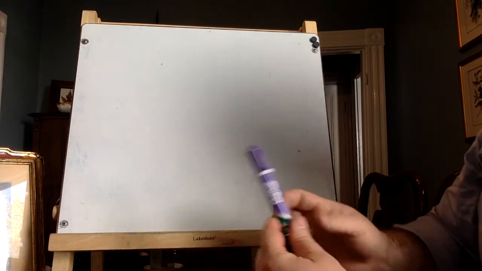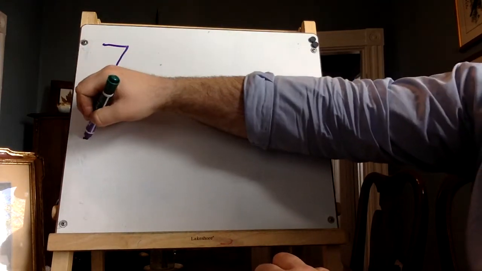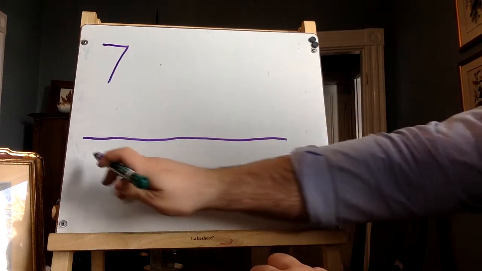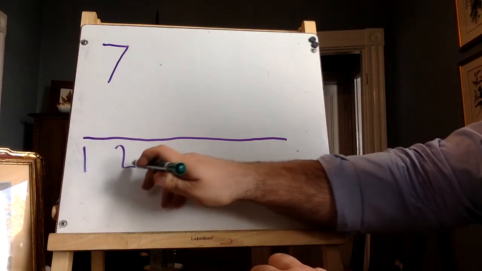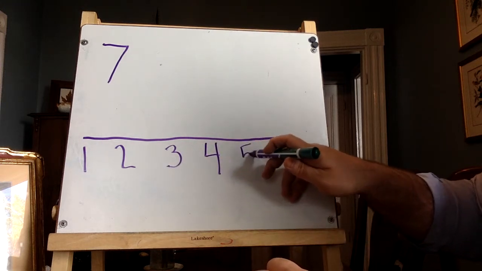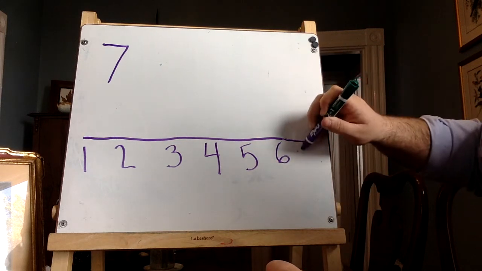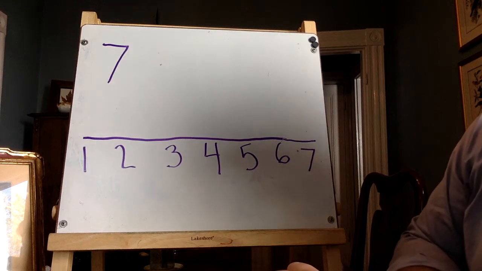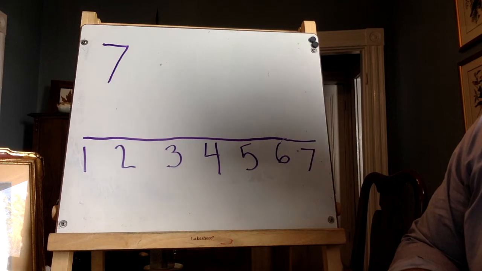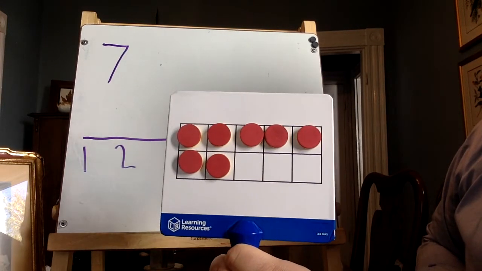I'm going to write the number 7 and make a number line. 7. 1, 2, 3, 4, 5, 6. Oh, I'm going to make my number line a little longer. 7. What number am I going to circle on the number line? Yeah, 7. Because that's the number I'm starting with.